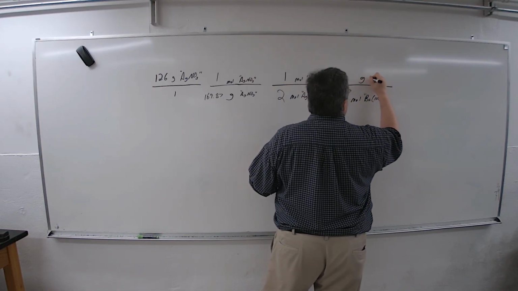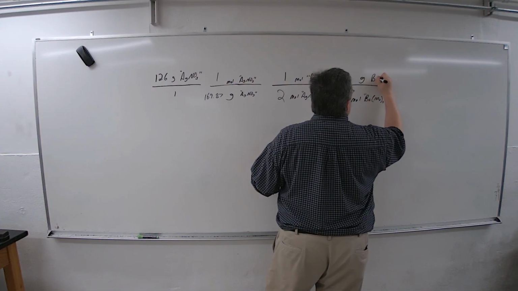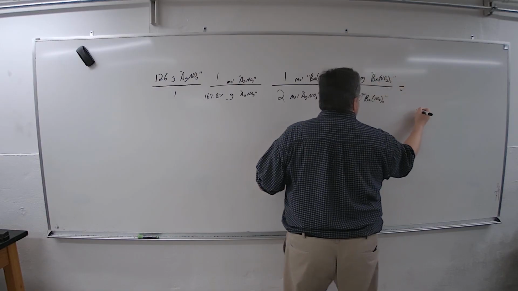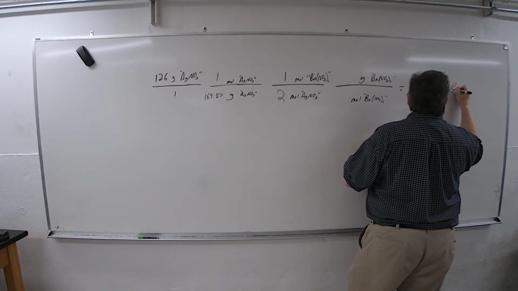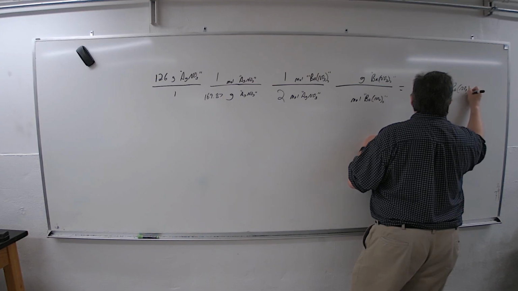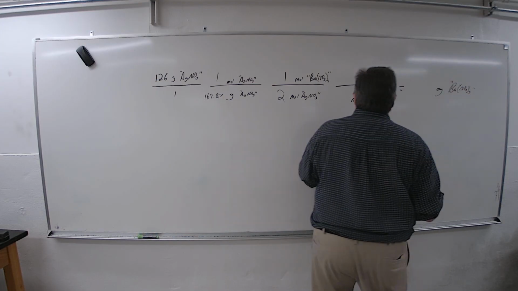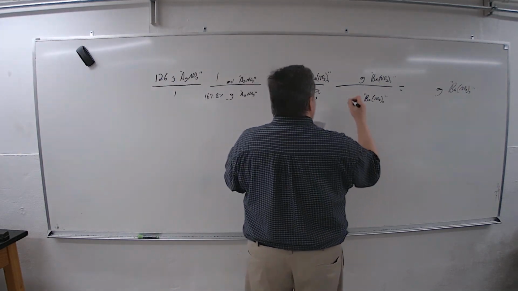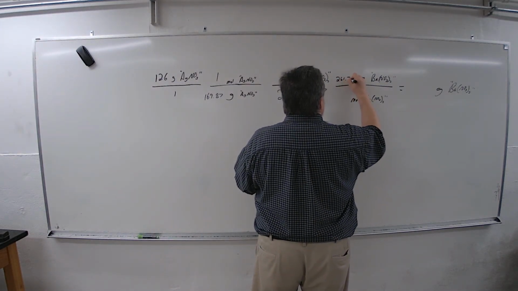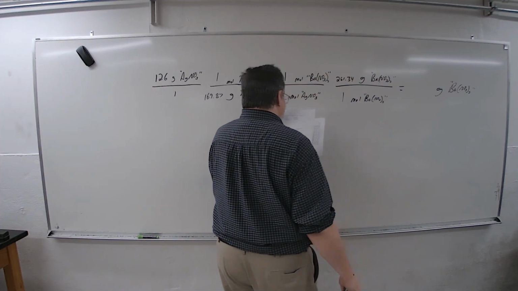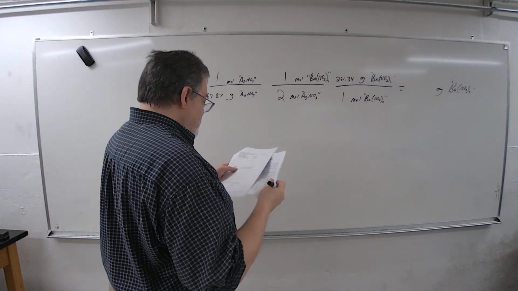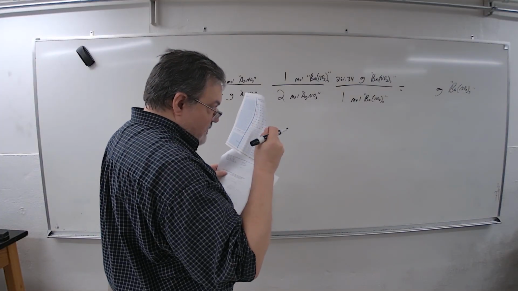Now we need moles of BaNO3 to cancel. And that'll get us to grams of BaNO3. And the grams per mole for that I gave you as well, 26.1.